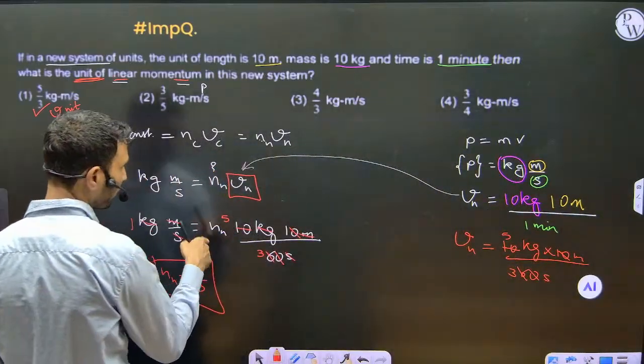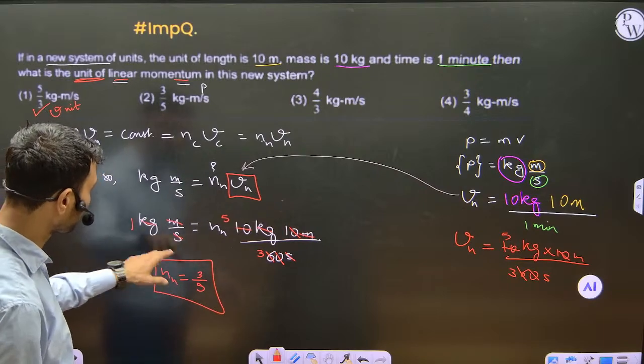This you have to do if you want to find out the number. We don't need the number here, so this part is not required.